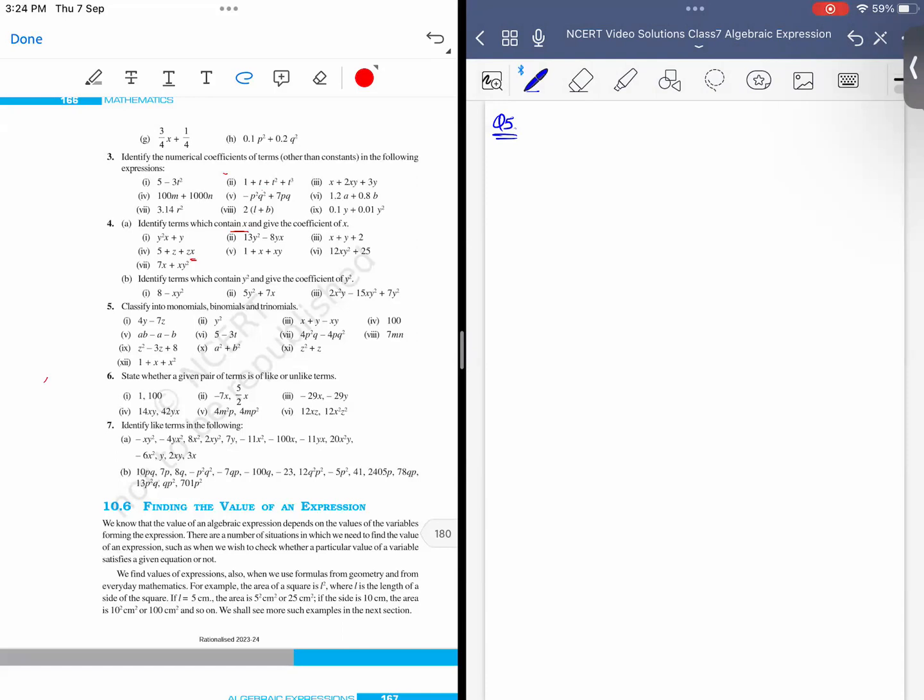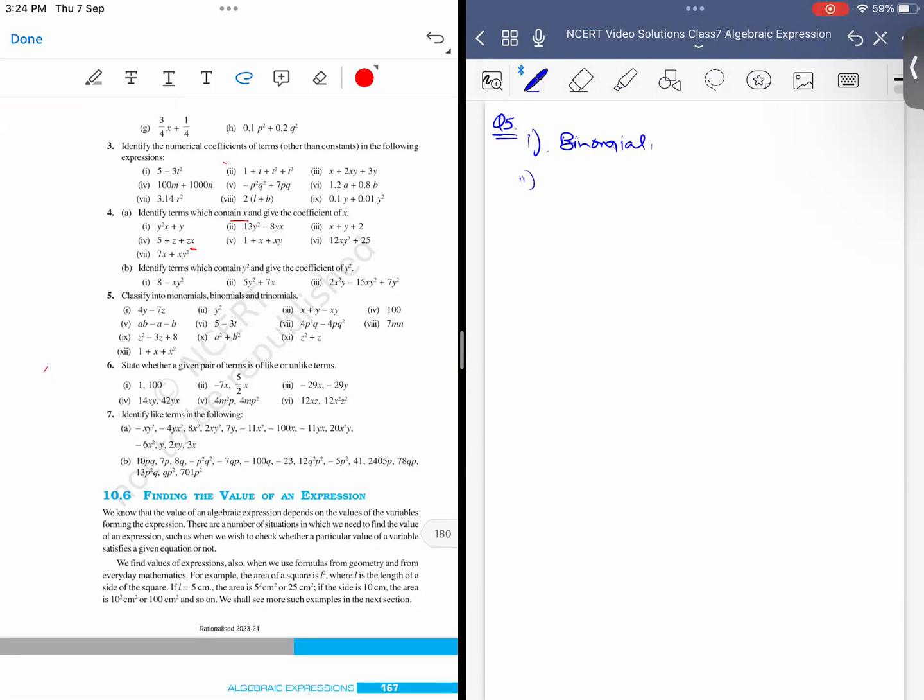So likewise, first one is 4y minus 7z. That is having two terms, so it is a binomial. Second one, y square is a single term, so monomial. Next, third one, x plus y minus xy.